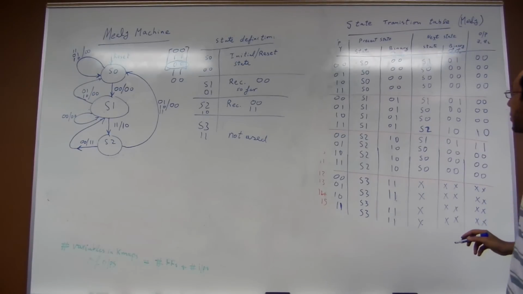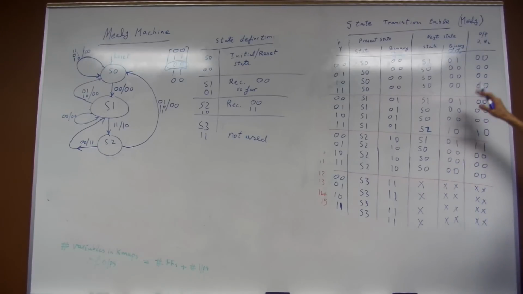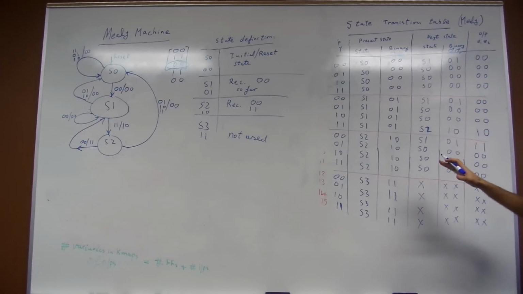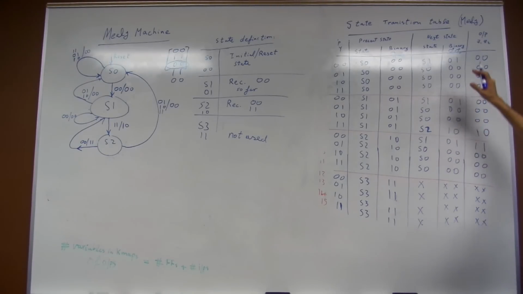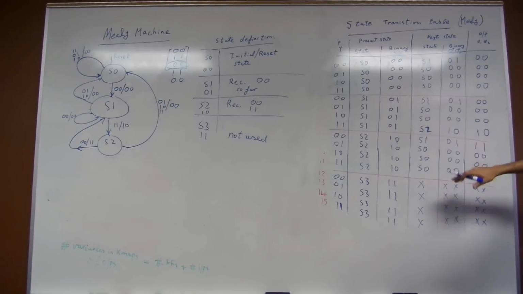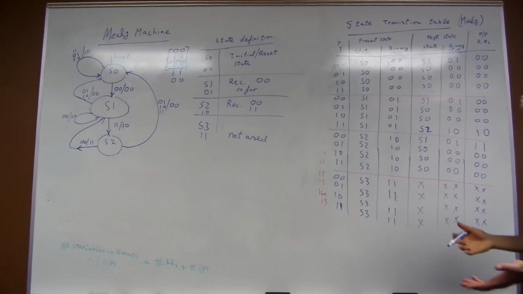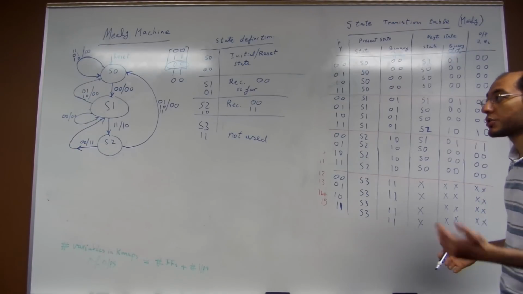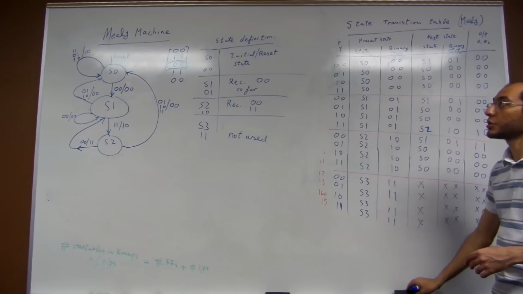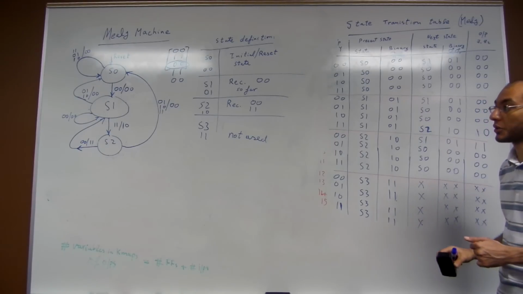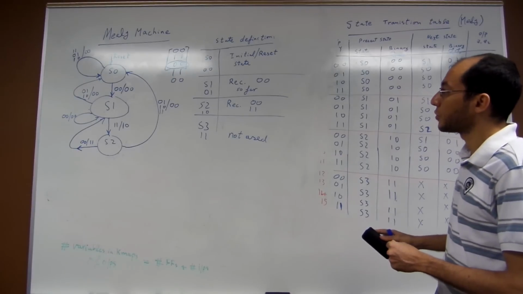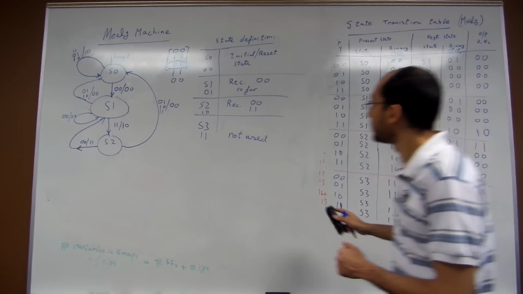Right now, we want to convert the state transition table into a circuit, and the way to do that is to use this information and fill in some K-maps, and the K-maps are going to give us some equations, and the equations are going to give us a circuit. Okay, let's go to the K-maps.